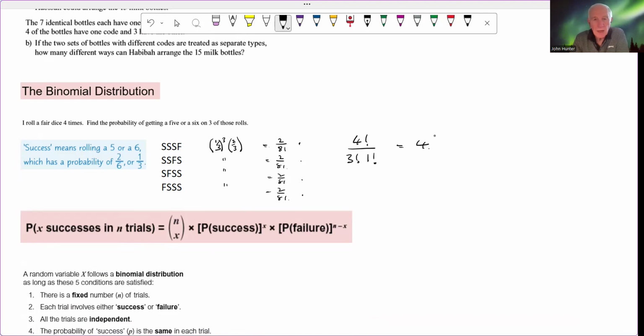Then we can see that this combination of probabilities is going to occur on a number of occasions, and the number of occasions is going to be given by our binomial coefficient, which is this. So in a sense, what we need to do is just calculate this and multiply it by that. Right, hope that's clear.